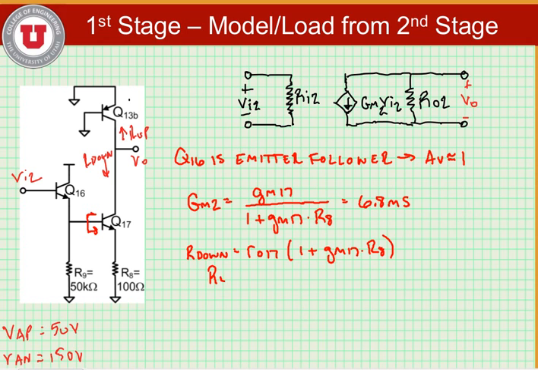R up is equal to ro13B, and the total resistance, Ro2, is equal to R up in parallel with R down, and substituting values in would yield 80.9 kiloohms.